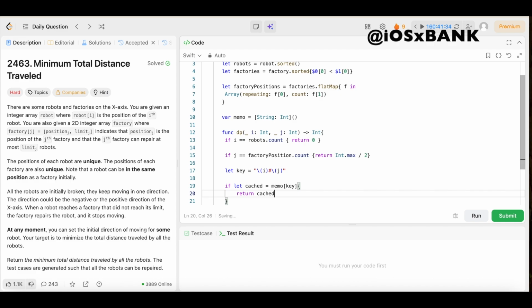Boom. Now for option 1, we're going to assign the current robot i to the current factory slot j, and the cost is going to equal the distance plus the result of the next robot and next slot.